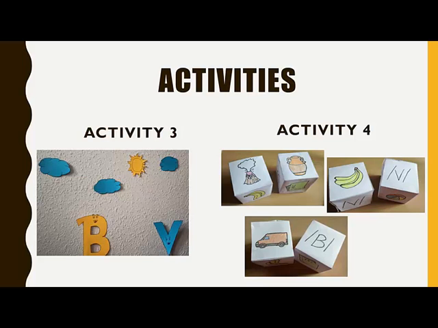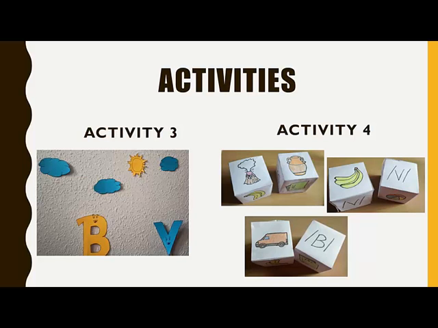Finally, the teacher is going to divide the pupils in two groups. One is the V and the other is the B. Then the teacher is going to play the video again, and every time they listen to a word with the sound V, this group is going to jump.